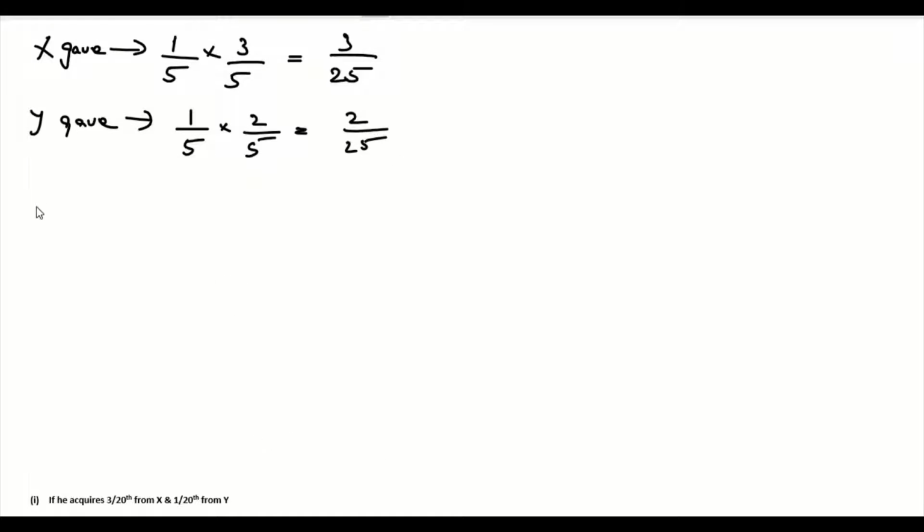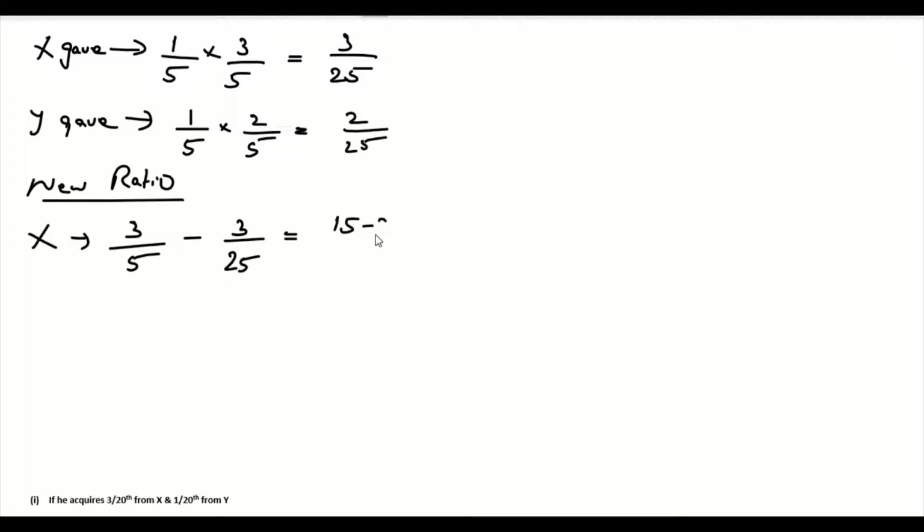Now we need to find the new ratio. The new share of X is his original share, 3/5, minus whatever he sacrificed, 3/25. That is 15 minus 3 over 25, which is equal to 12/25.